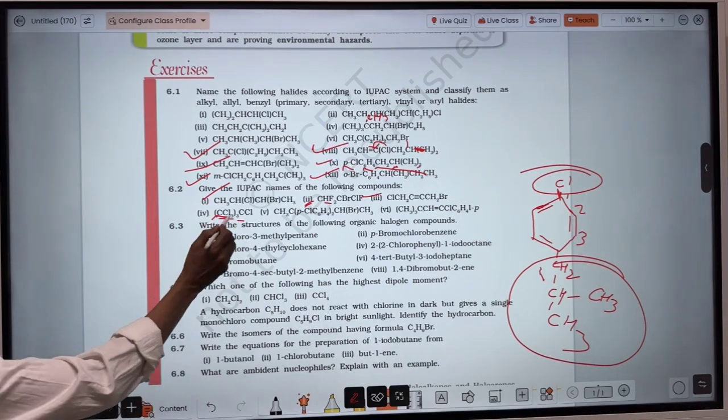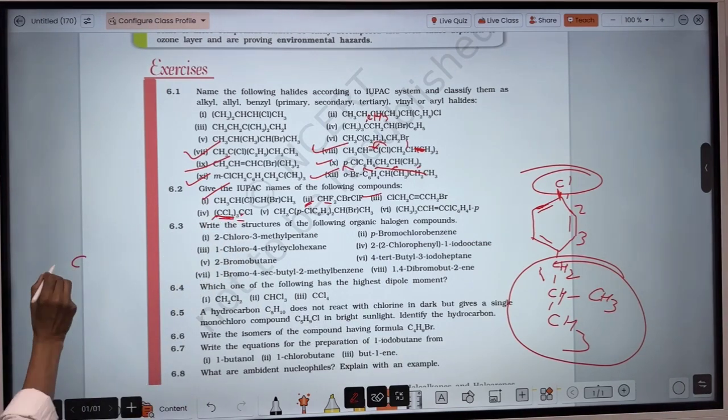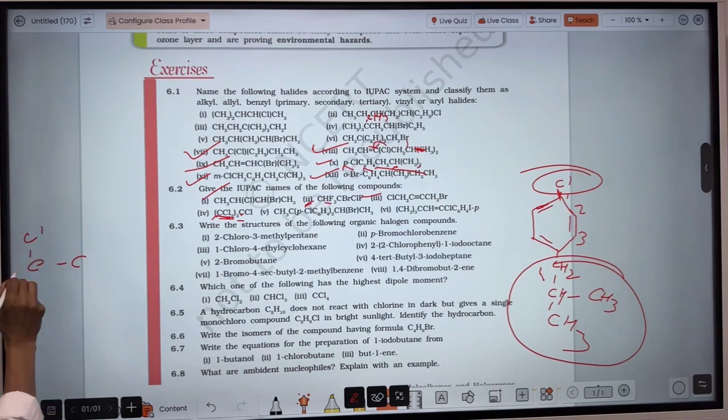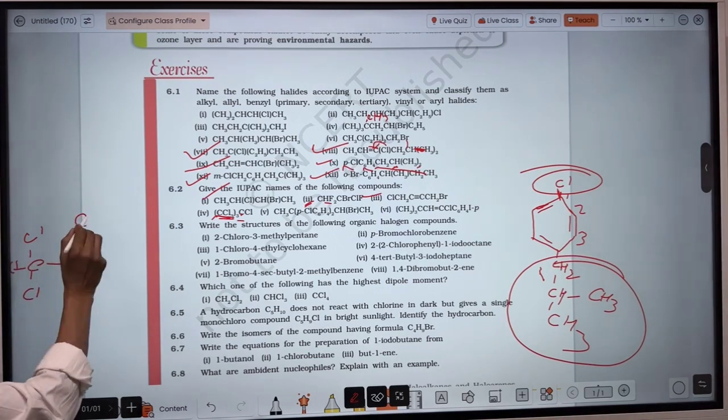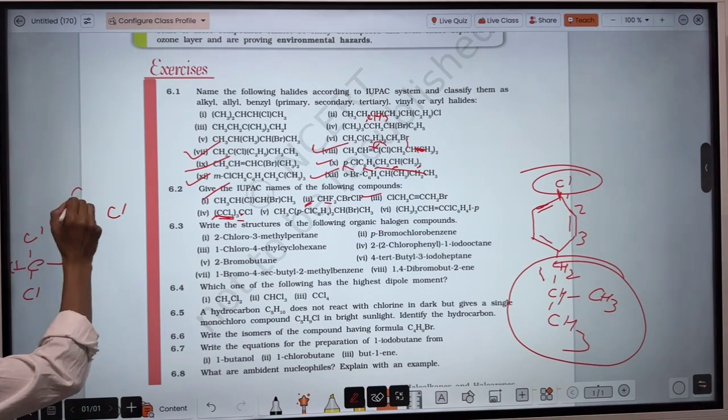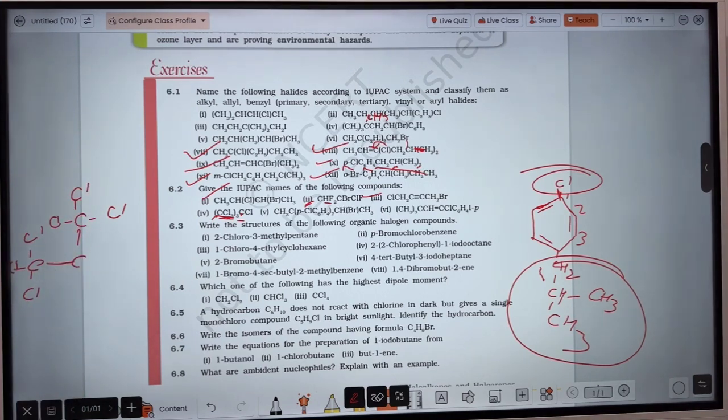So here CCl3 whole twice, that means to this carbon atom CCl3 will be bonded, that means 2 groups, one is that, second here same, and then again here, and then after here Cl.